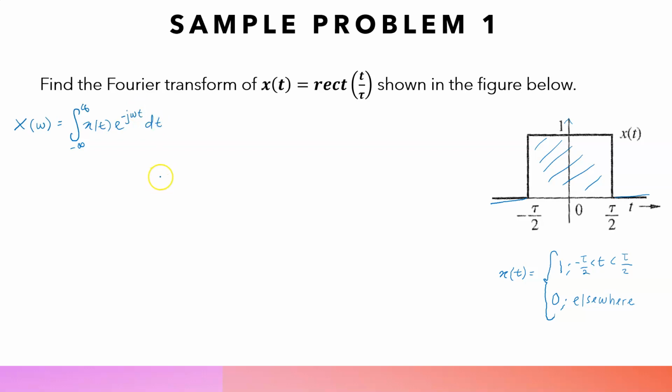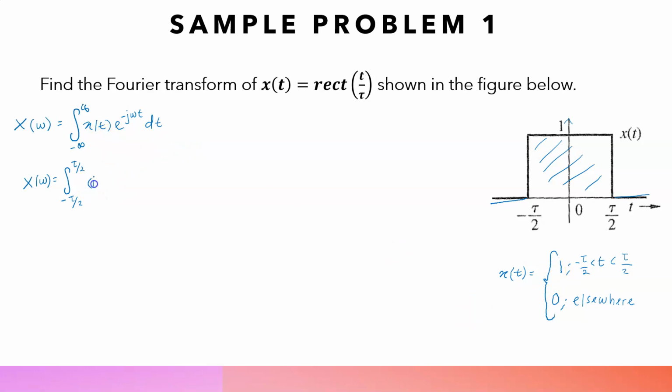So in our case, X of omega equals, if we integrate from minus tau over 2 until tau over 2, x of t is 1, which is from this definition.